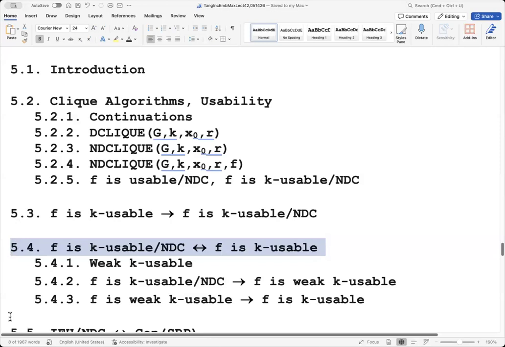Now, I had written out a complete proof of this in a different context, so it's not too hair-raising.